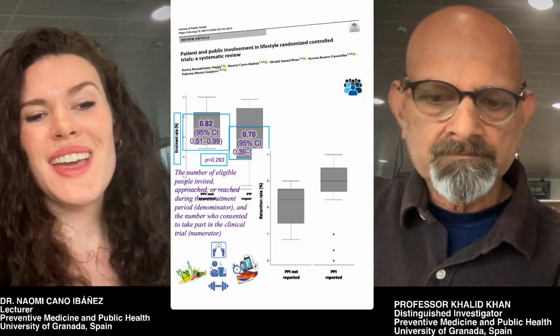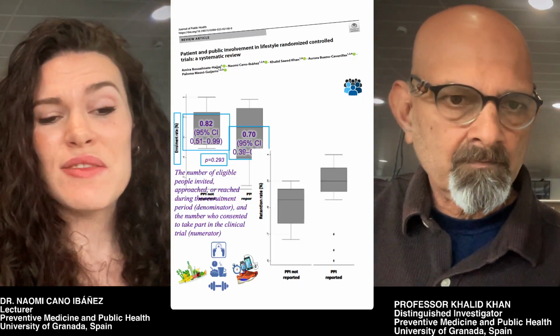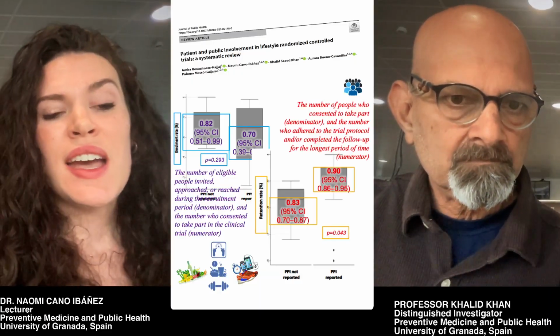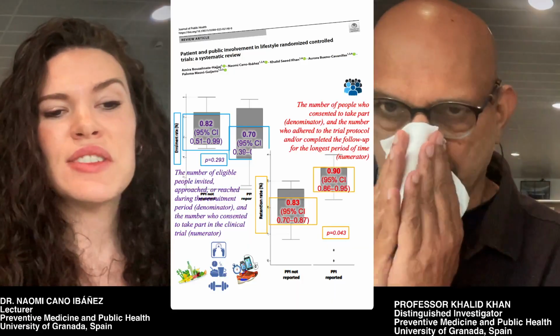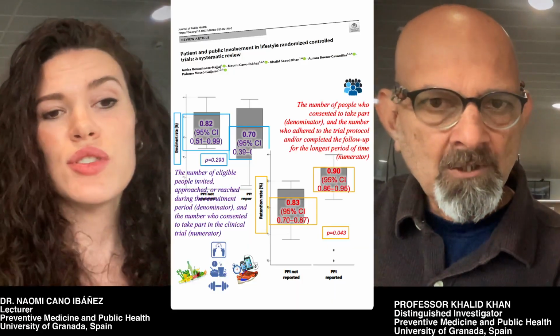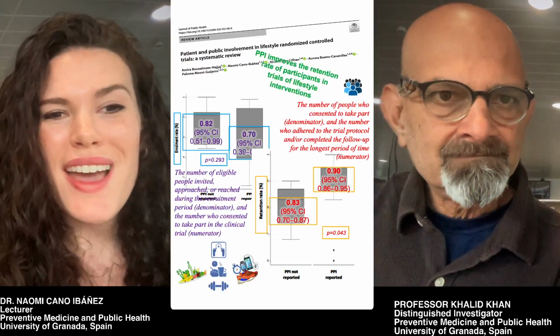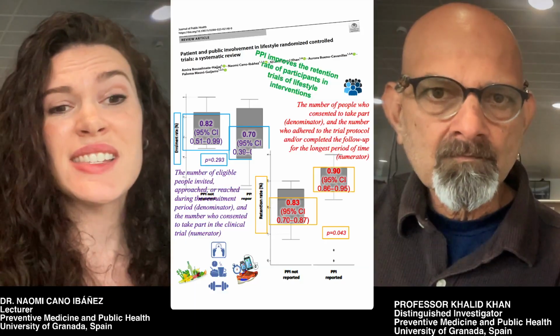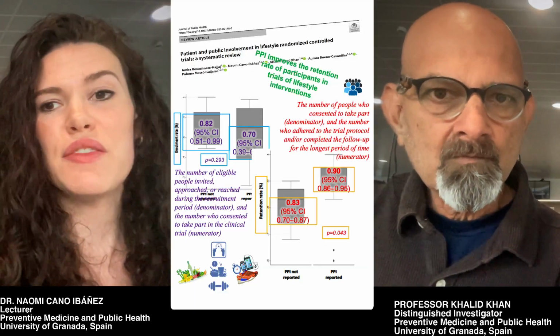However, we found that randomized control trials that include PPI have slightly higher retention rates than those that do not incorporate it. So in conclusion, PPI improves the retention rates in randomized control clinical trials in order to improve the lifestyle of people.